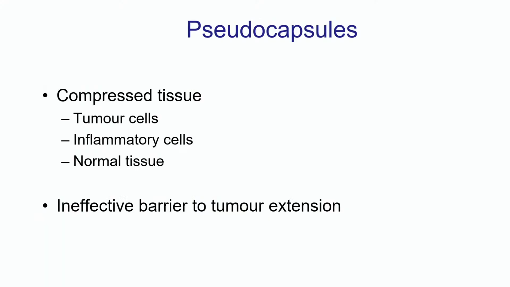So when we're looking at effective surgery, unless we're dealing with incredibly benign tumours, that capsule is never sufficient for us. If we remove at the pseudocapsule, then the likelihood is that we'll be leaving tumour behind. Although that doesn't necessarily mean we'll always get recurrence, it obviously increases the risk of recurrence dramatically.